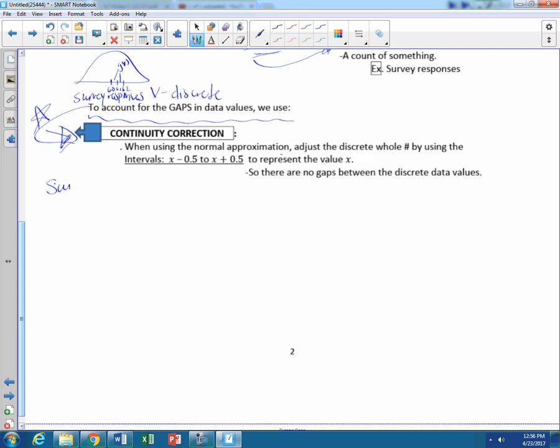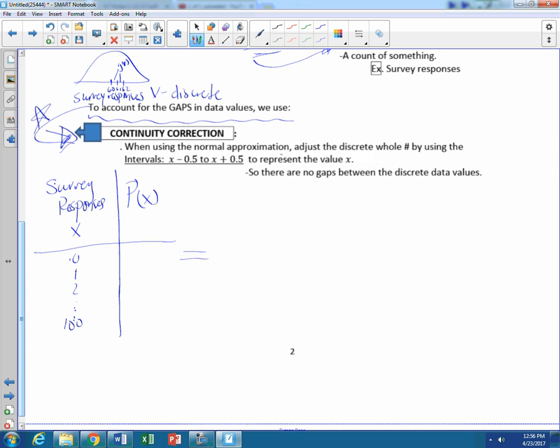So let's say that we're talking about our survey responses. Remember, those would be our x's, and then for each one, we'd have the probability of getting some number of responses. So maybe it's 0, 1, 2, all the way down to 100. Well, for this many, we certainly would not want to have to use a probability distribution.